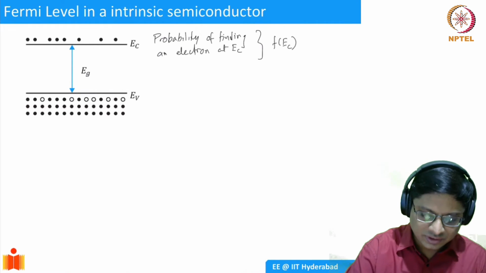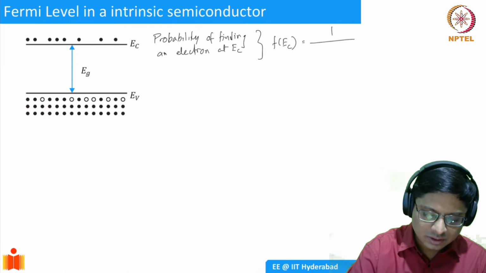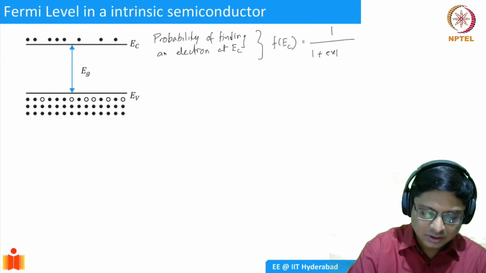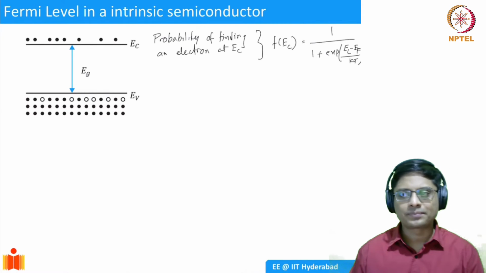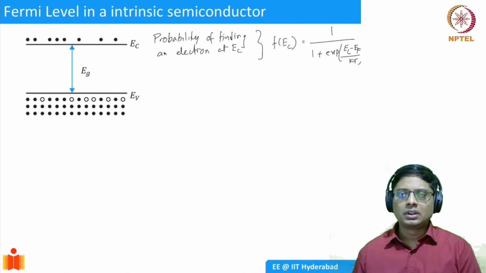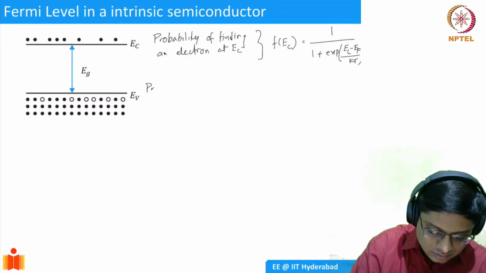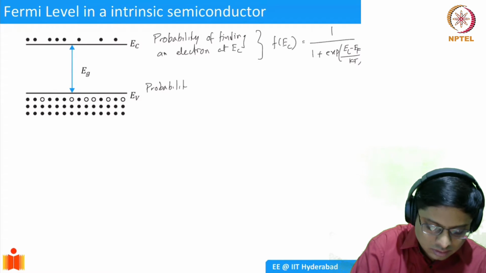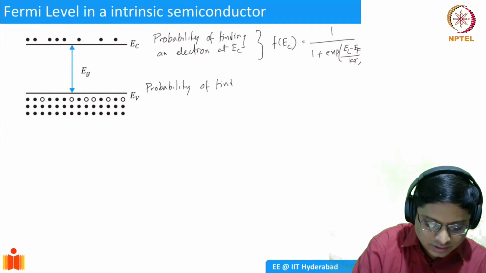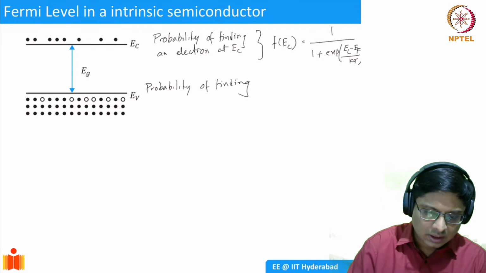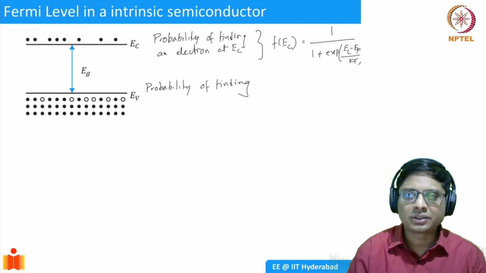So f of EC is going to be 1 over 1 plus exponential of (EC minus EF) by KT. This is the first term. So now, what will be the probability of finding a hole? Let's not consider an electron, let's consider a hole.